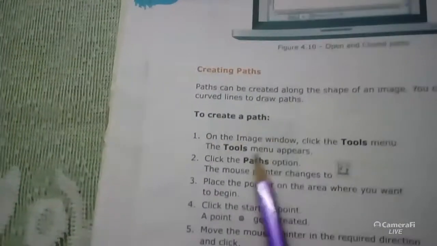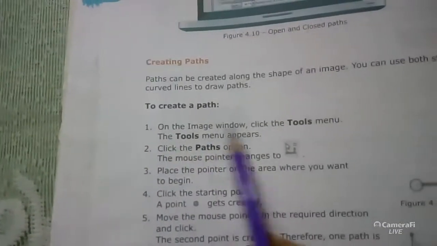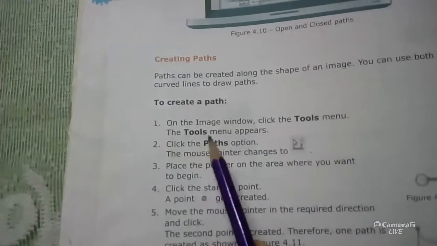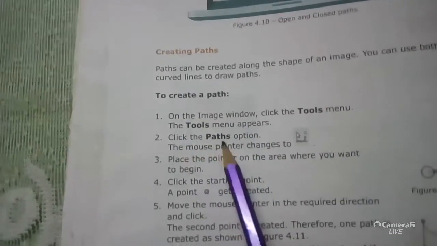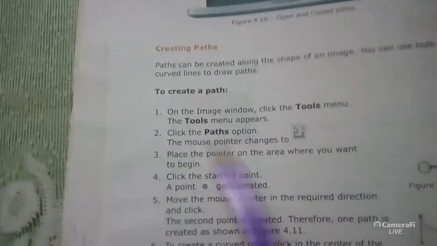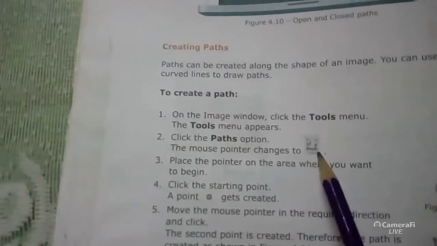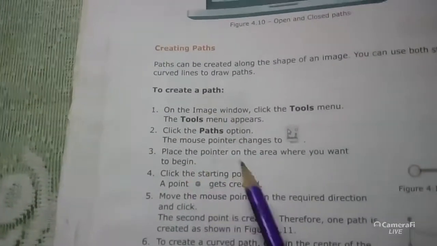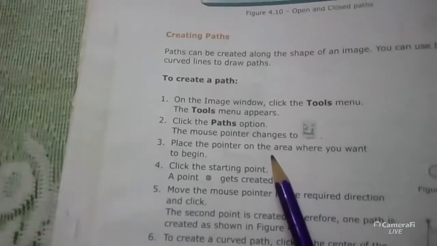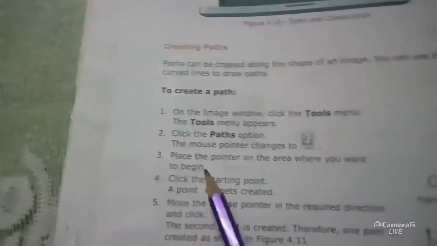To create a path, what will you do? On the image window, click the Tools menu. The Tools menu appears. Click Path. You have to select the path option and your mouse pointer changes to this shape. Place the pointer on the area where you want to begin.